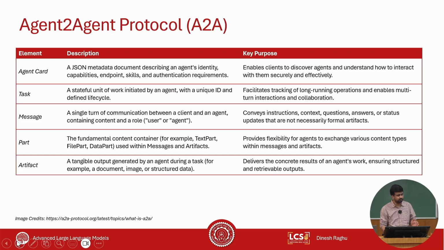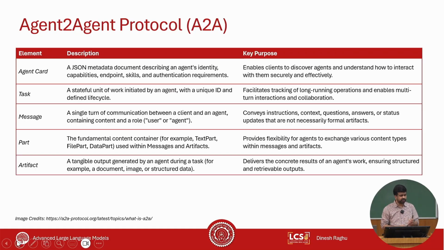So similar to a model card in Hugging Face, you will also have an agent card for each agent in this protocol, right? And they have certain attributes and metadata that the agent has to fill up, right? And the main reason for this agent card is discovery, right? And after it discovers the agent, it should also be in a position to figure out whether it's going to be useful for this particular subtask or not, right?